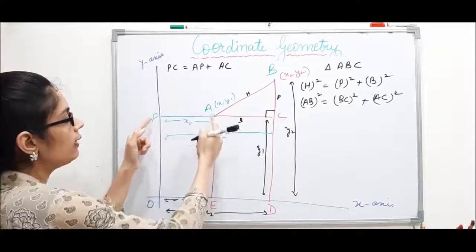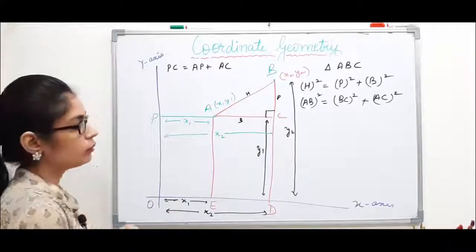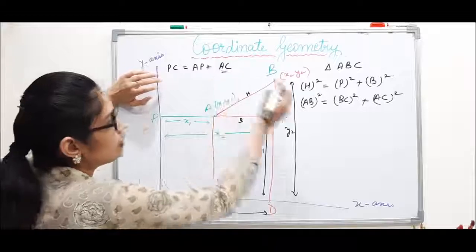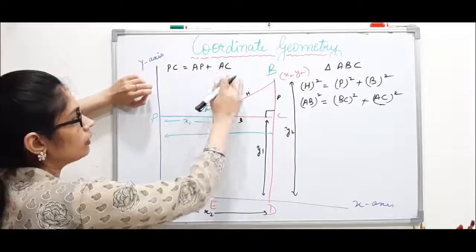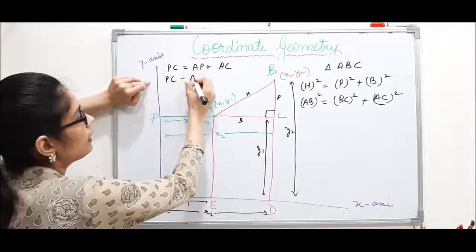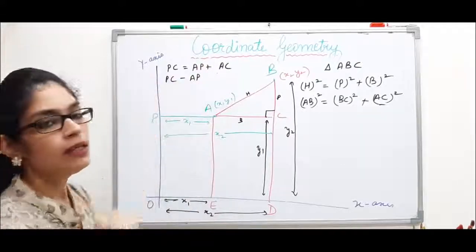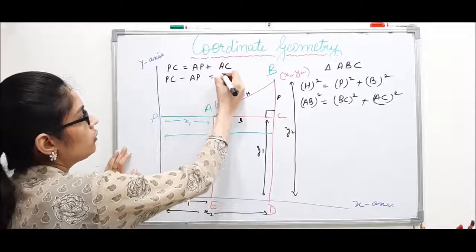If I add PA and AC, I will get PC. So I need the value of AC. I will write AC on this side and shift AP to the other side. PC minus AP, because AP is getting added on this side, so on shifting the side it will get subtracted, equals AC.